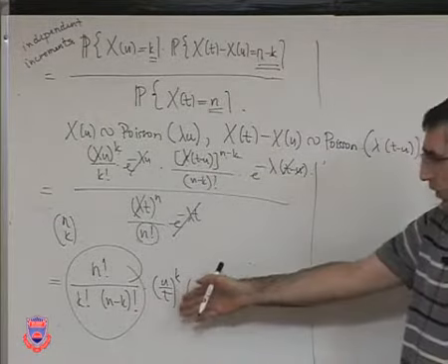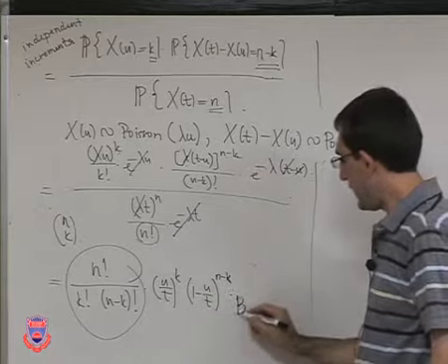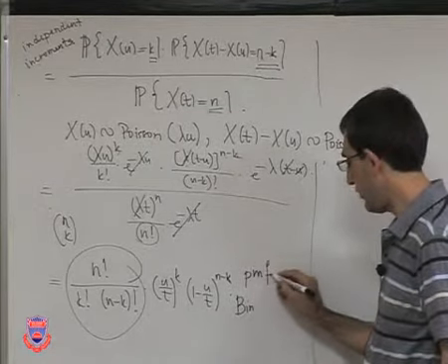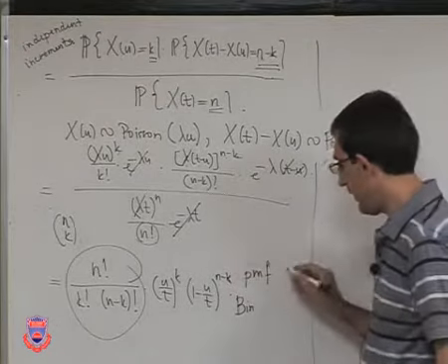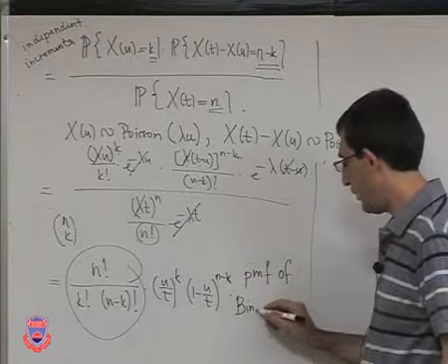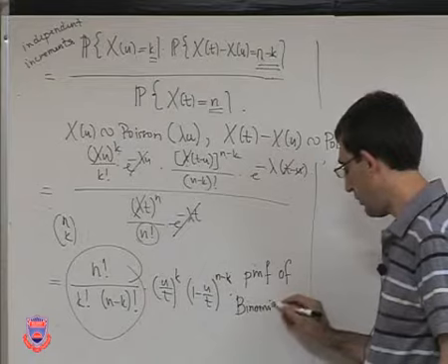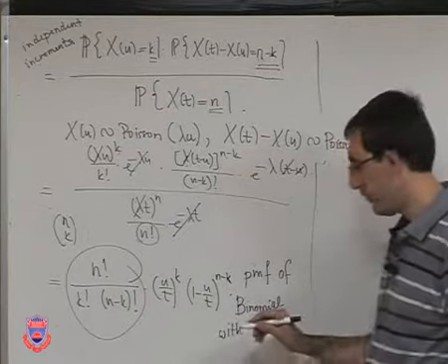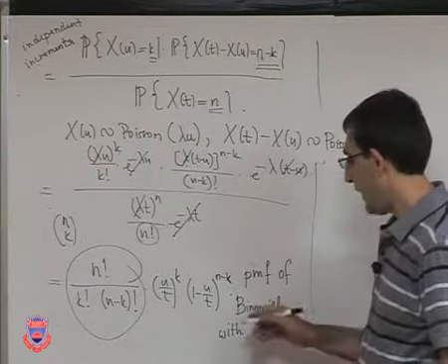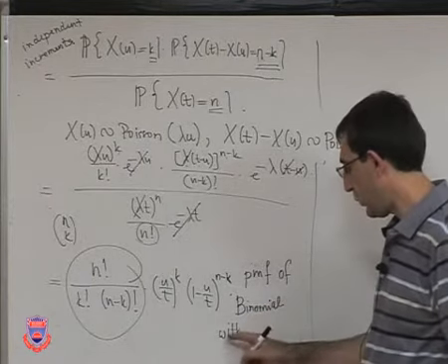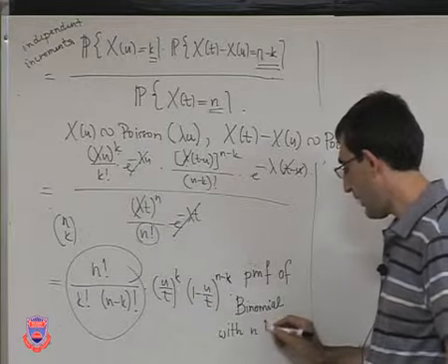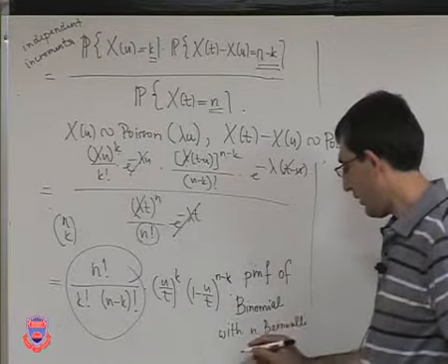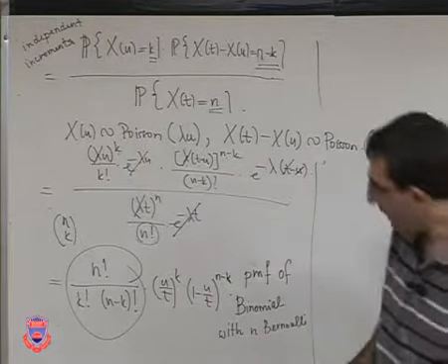And then, of course, we recognize that this is the probability mass function of a binomial distribution, which is the result of repeating n independent Bernoulli experiments.